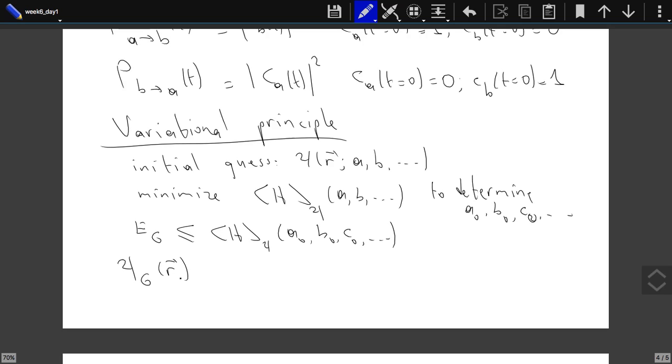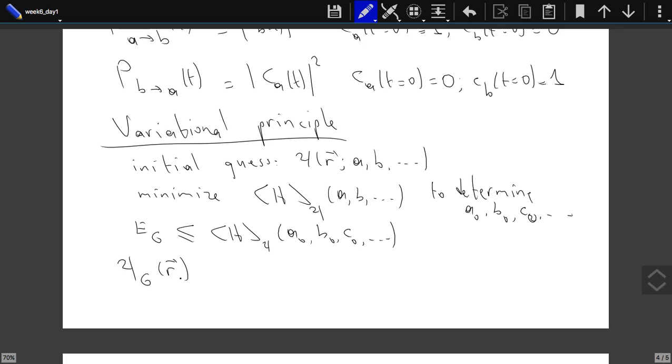For whatever function you choose, the minimum of the matrix element of H should always be larger than or equal to the ground state energy. You can try hundreds of different wave functions, and the one that gives you the smallest value would be a better prediction for the ground state energy. If one of them has the same form as the ground state, then you will reproduce the exact ground state. But again, you never know.